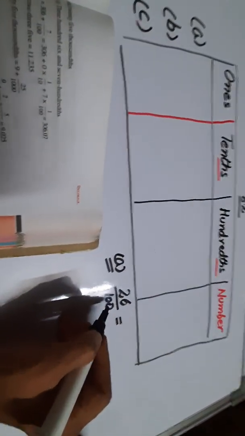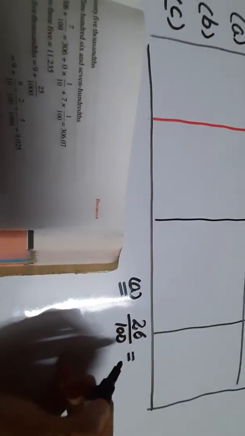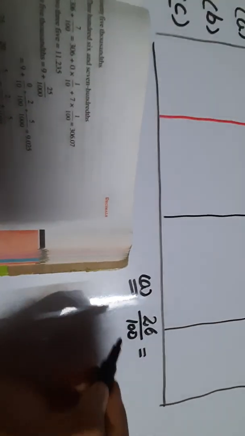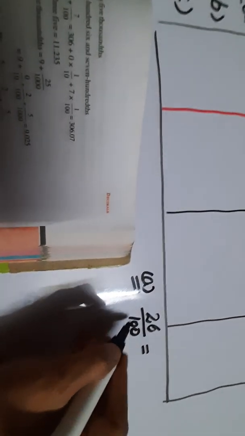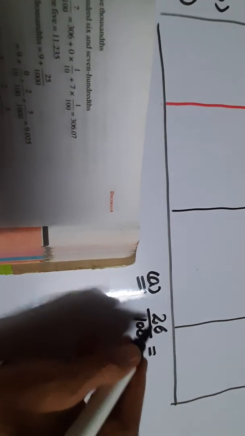So now let us convert it into decimal form to get the decimal number. As I told you in the previous exercise, while converting into decimals, we have to see how many zeros are there in the denominator.